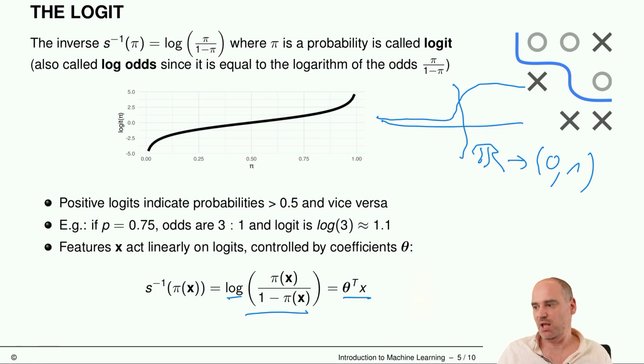And if you don't like thinking in log odds, which is difficult for most people, and you want to understand effects of features better, just take the exponential on both sides, and then you can reason in odds. This is not really a basic course on GLMs and their statistical interpretation, but you can then reason about the multiplicative effect of a coefficient on the odds if you look at exp of the coefficient.